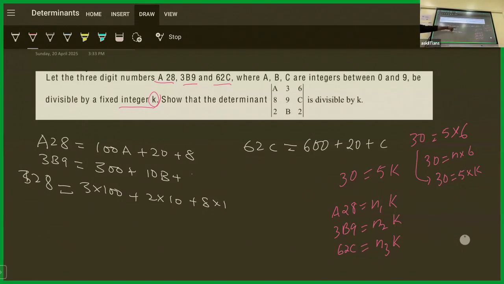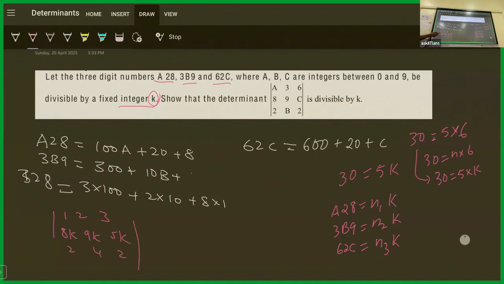In terms of k. Okay, and then I'll try to take k outside. If k is common in all the elements of any row or any column, then we can take k outside. Let's suppose this whole thing, if I'm getting something like this, for example, let's say 1, 2, 3, and then 8k, 9k, and then 5k, 2, 4, and 2, something like this.